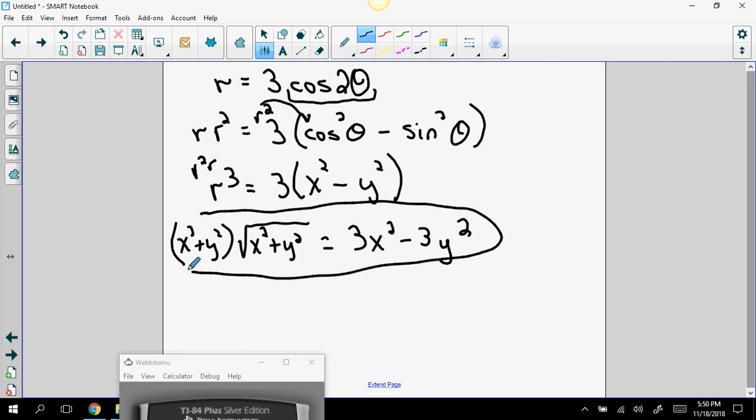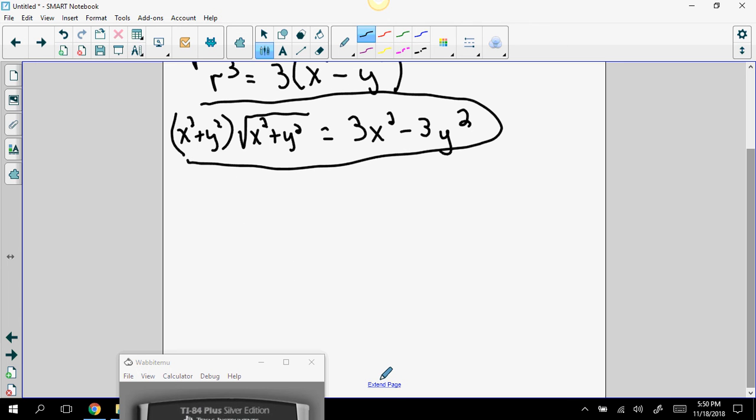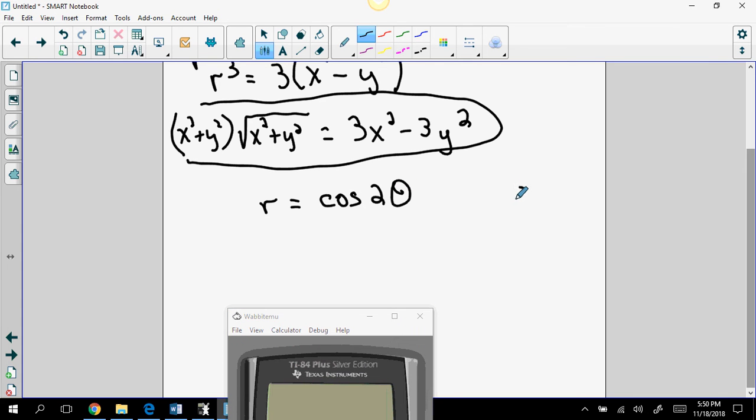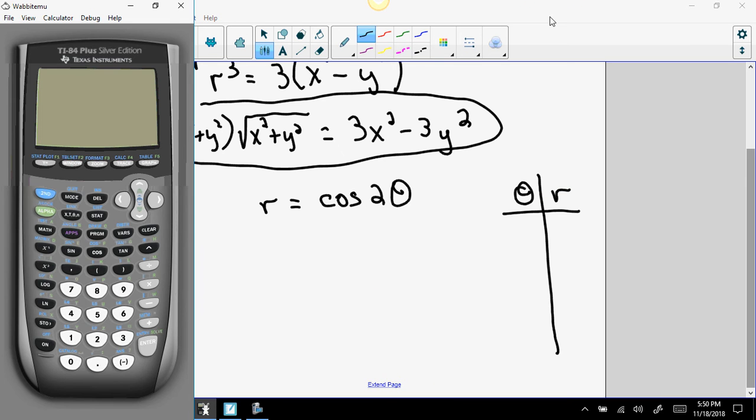And I don't want to study that. So let's just work with r equals cosine of 2 theta. Now you could make a theta r table, or you could cheat on your TI 83.